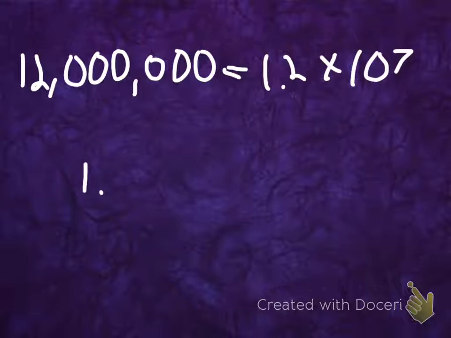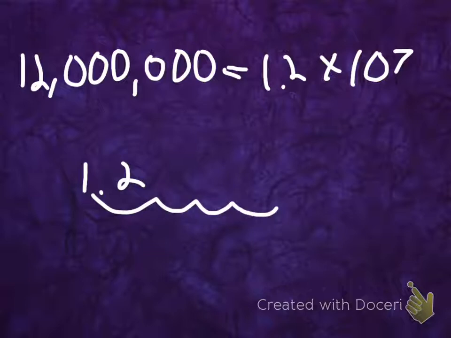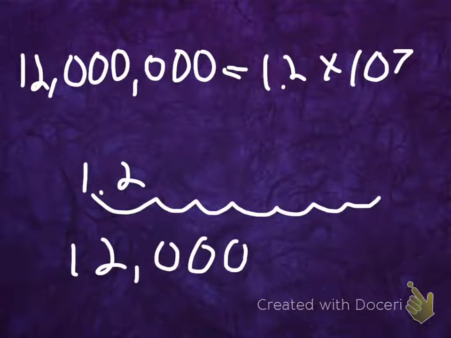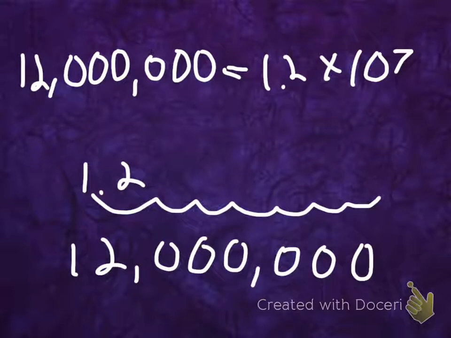Well, 1.2, we're going to move our decimal 7 times. 1, 2, 3, 4, 5, 6, and 7. It gives me 1 and 2 and then 6 zeros. So is that true? Is 12 million equal to 12 million? Yes, it is. So B is most likely our answer.